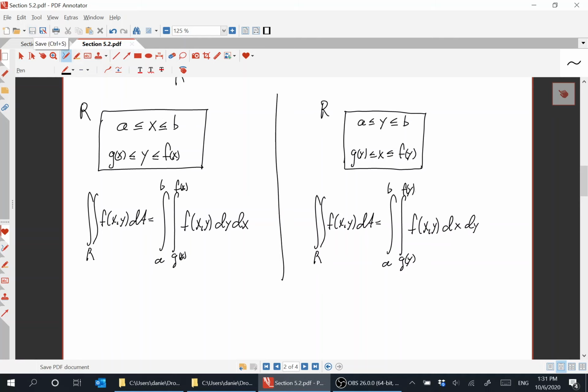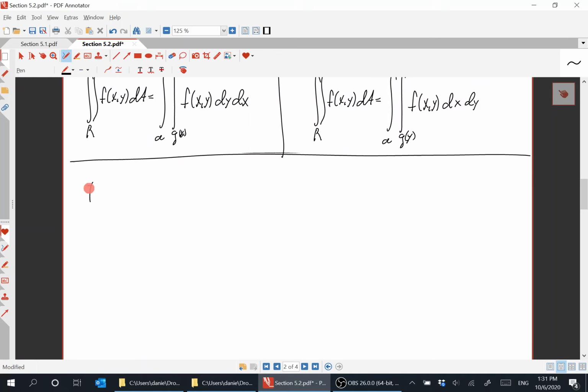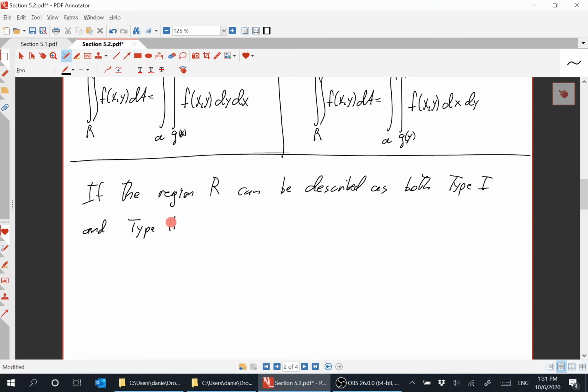Now, what's interesting is when a region can be described in both ways, as both type 1 and type 2, then the integral can be calculated both ways.